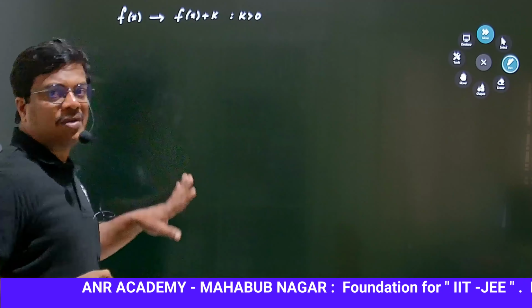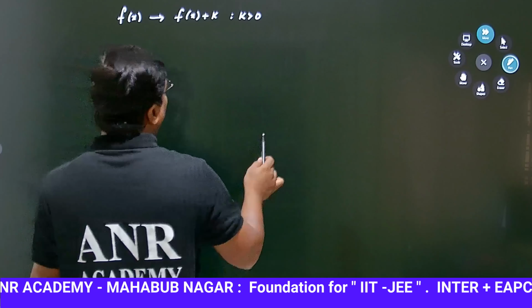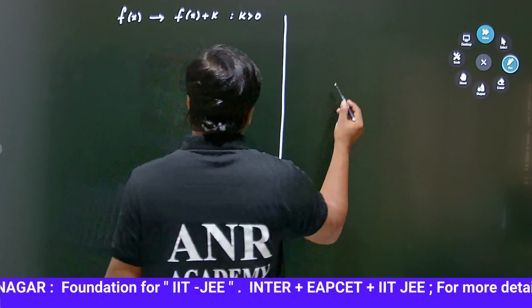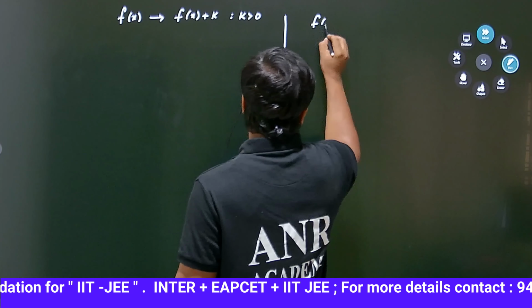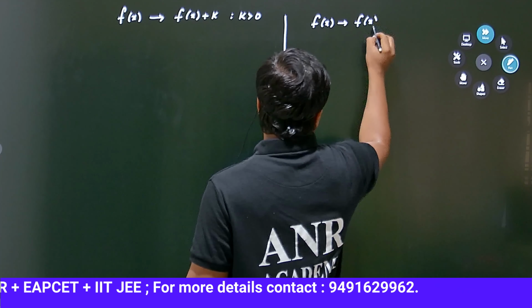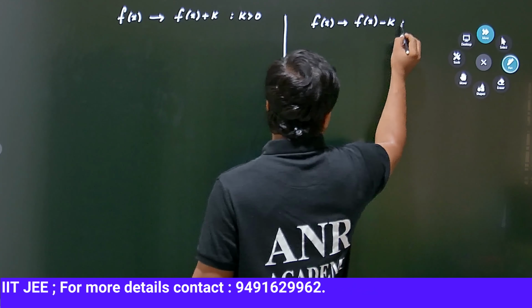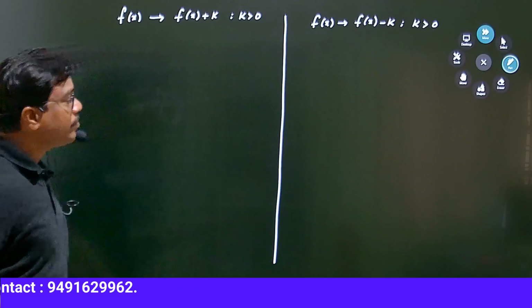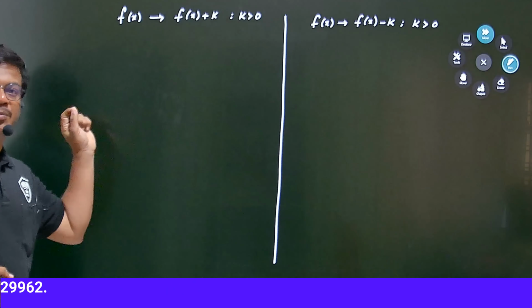What happens, observe in this case. And after that, the next transformation, f of x to f of x minus a constant, constant more than 0. See the transformation in both the cases.